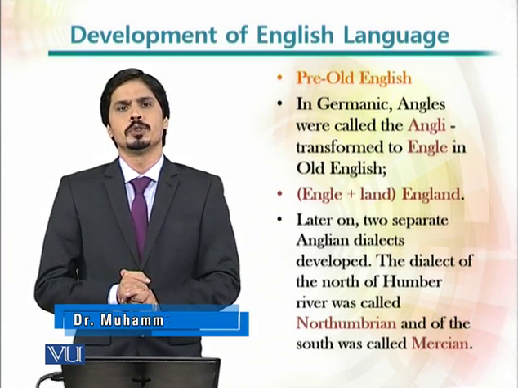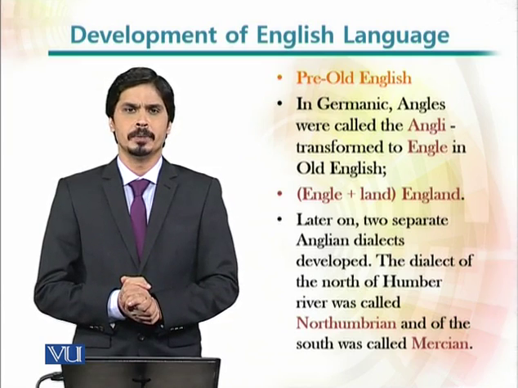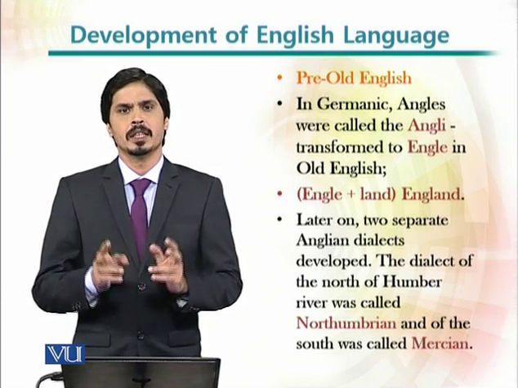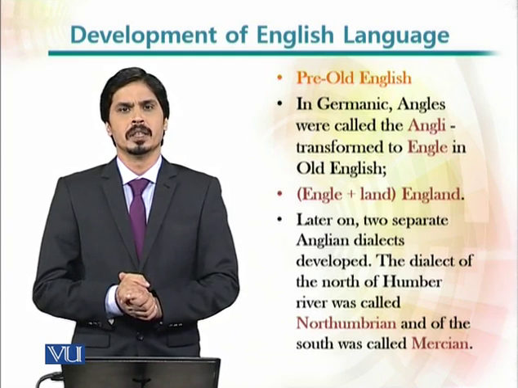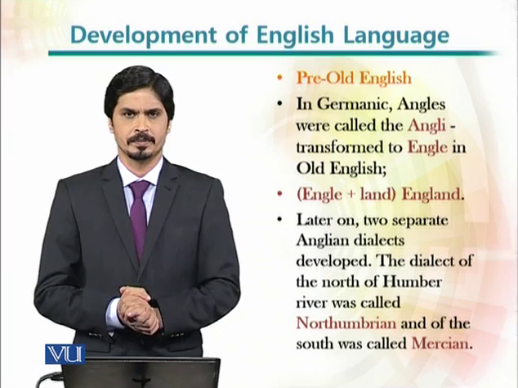During this era, two separate Anglian dialects of English were developed by two separate groups living across the banks of the River Humber.